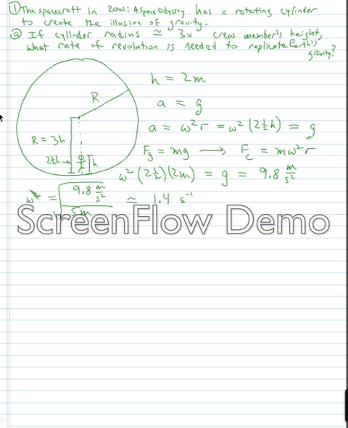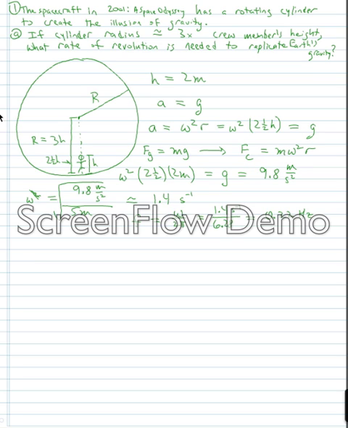Or to put it into rate of revolution, we'll have the frequency, which is omega over 2 pi, equals 1.4 radians per second divided by 6.28, which is 0.22 hertz, or 0.22 revolutions per second.